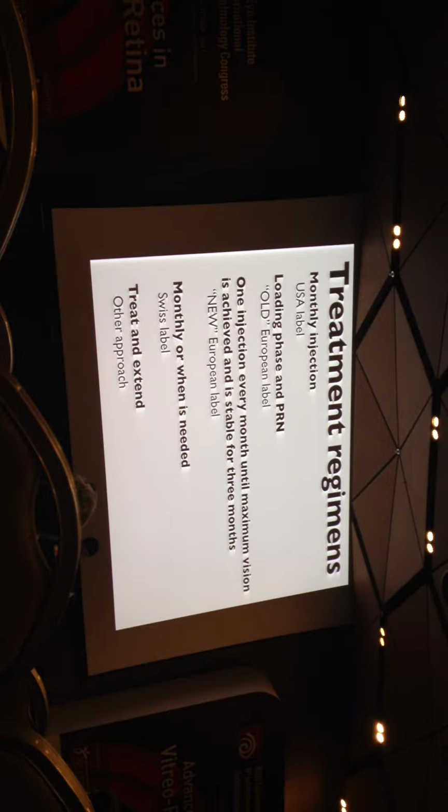Then the new European label: one injection every month until the maximum vision is achieved, then stable for 3 months, or monthly when needed, like the CAT study, or treat and extend. So you have many possibilities, but of course, except the first one, all the others need the activity of the lesion to be recognized.